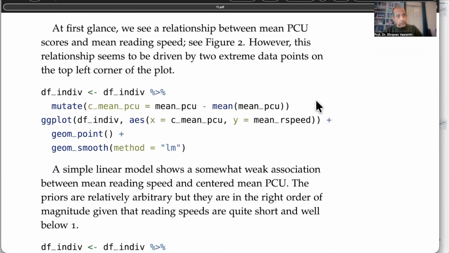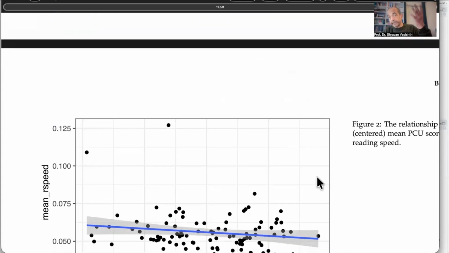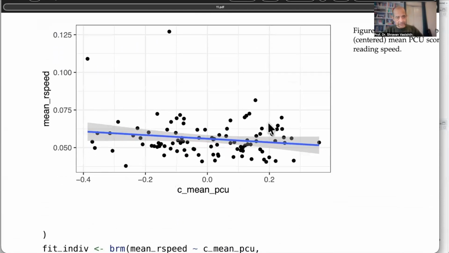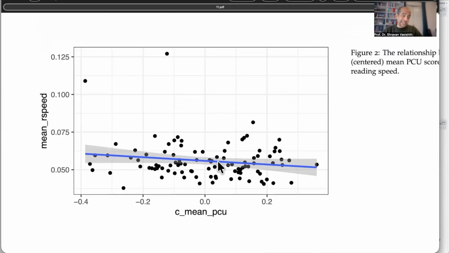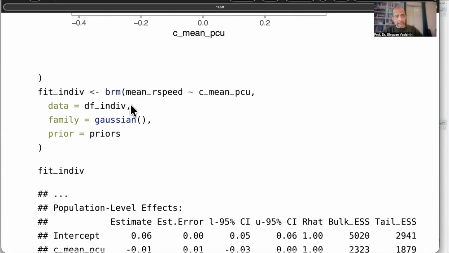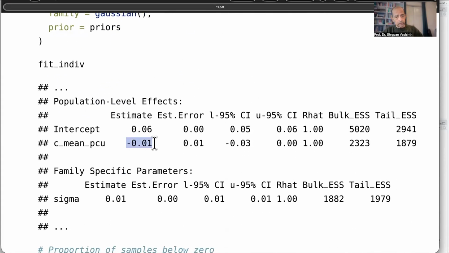And so if you plot the linear model, it looks a lot like my simulated data that I produced just now. I got very lucky today that I got a negative slope, because it looked really nice. And so this is also the case here. You're seeing a negative slope here, and it looks like it might be significant. In fact, you can go ahead and fit a standard linear model, and if you look at the posterior, the slope is negative. The credible interval seems like it might actually be negative.